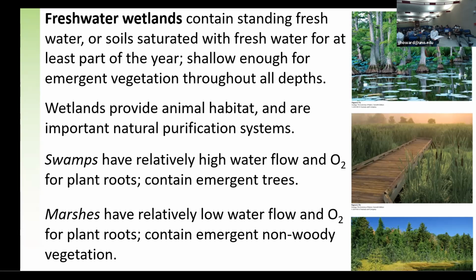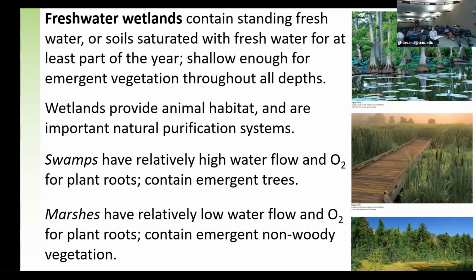So you can support trees in areas where water flow is reasonably, I don't want to say fast because it's not really ever fast, but where there's significant water flow. On the other hand, if you have relatively sluggish water flow, it's very easy for plant roots to deplete the oxygen in the water. That means that you cannot support large plants.